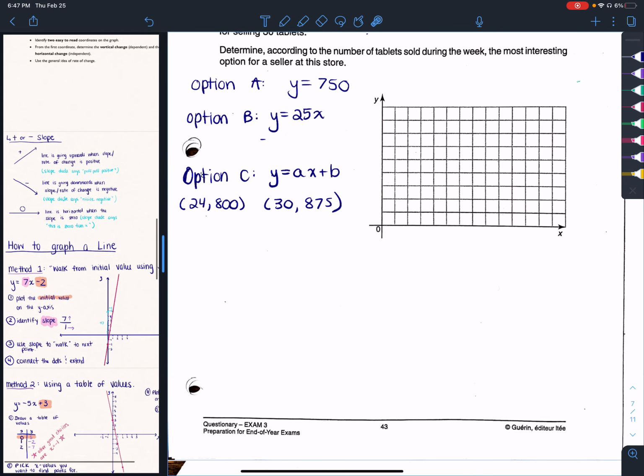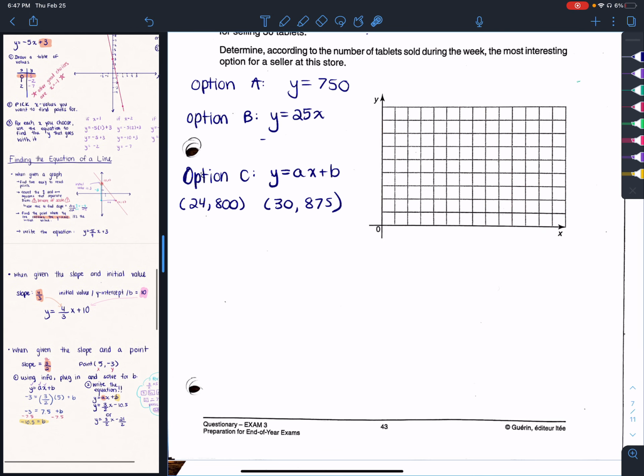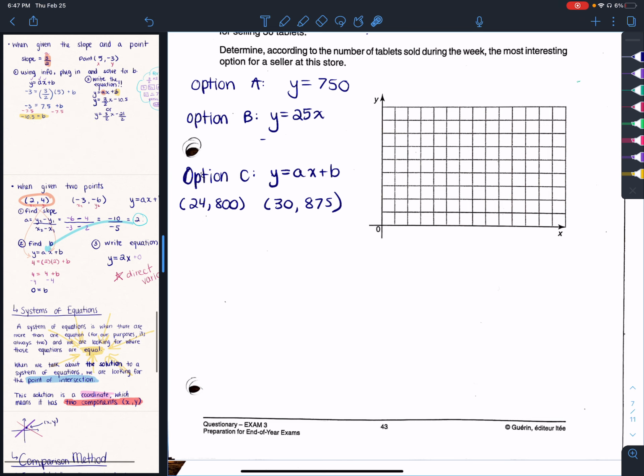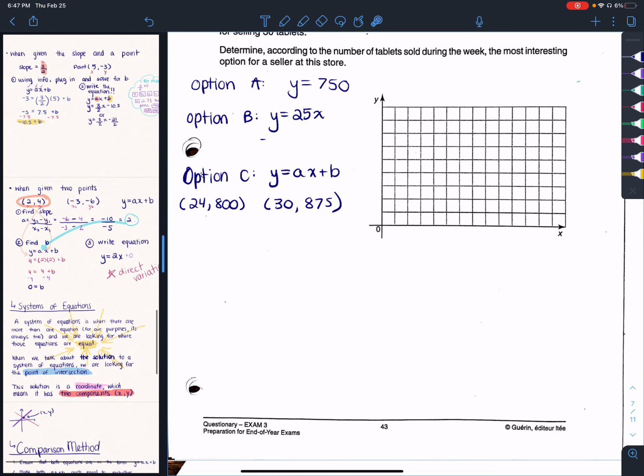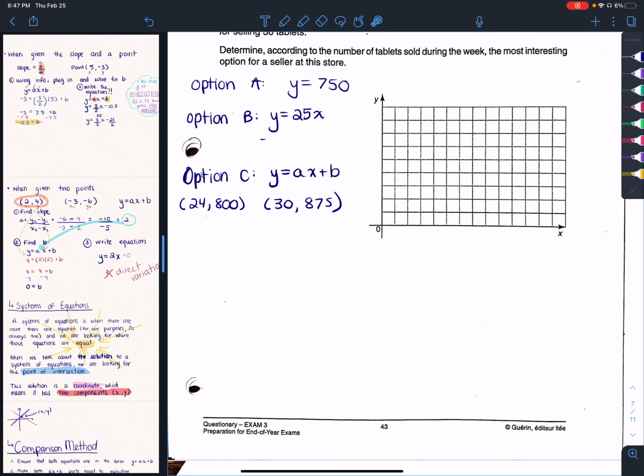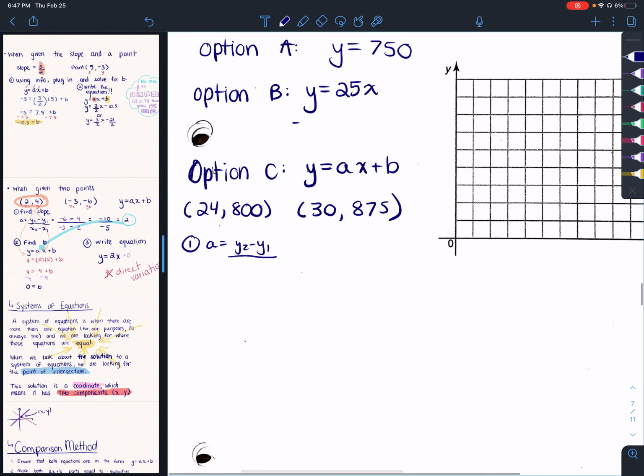So going through your math dictionary, finding the equation of a line when given 2 points, these are the steps that you're following. So find slope is step 1. So a equals y2 minus y1 over x2 minus x1. So we can label x1, y1, x2, y2, and put our points in there.